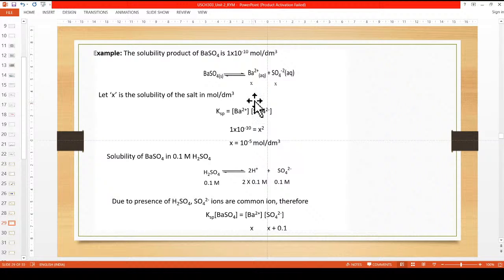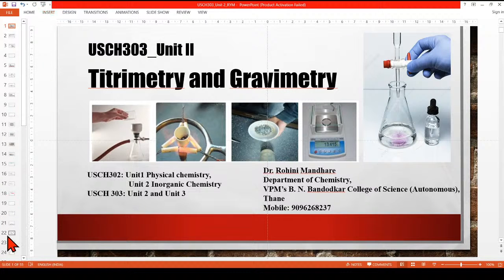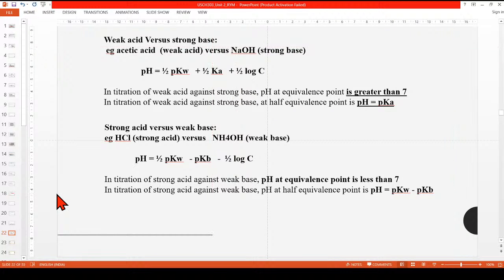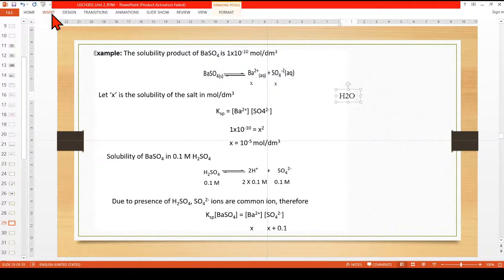Now here water dissociates. How does water dissociate? H2O will dissociate, here it should be a both way arrow, okay, since it is dissociation there will be a forward arrow and a backward arrow, into H plus plus OH minus.